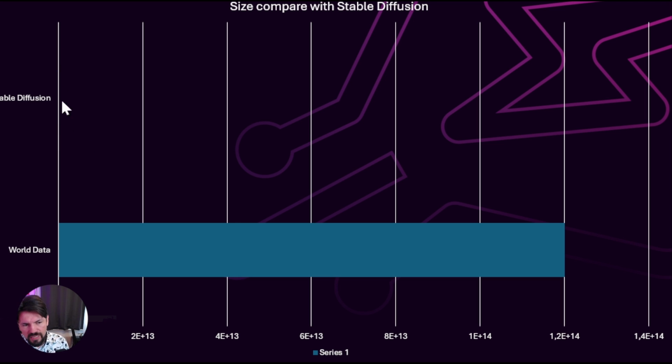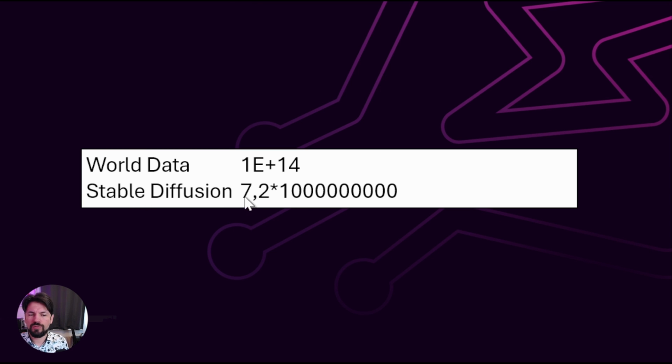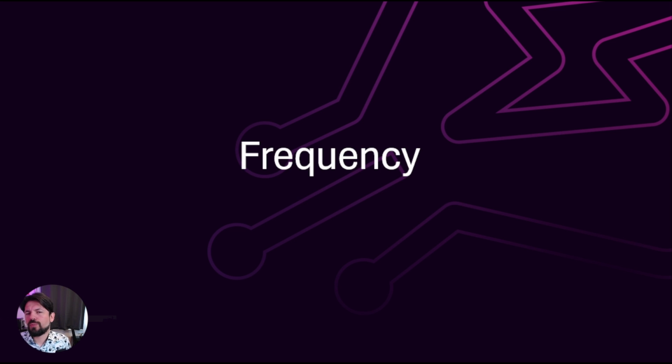You can't even see one pixel line of the bar on the side. So yeah, that's minuscule. And I'm even cheating a bit here because I multiplied the Stable Diffusion size by 1 billion and then it still doesn't show up. That's how insignificantly small the end result of a large language model is compared to the world data that comes out of it.